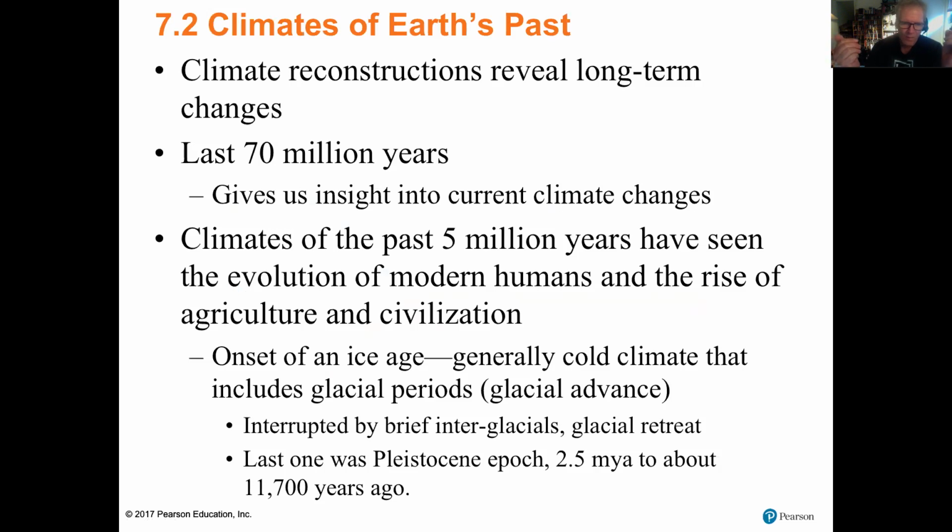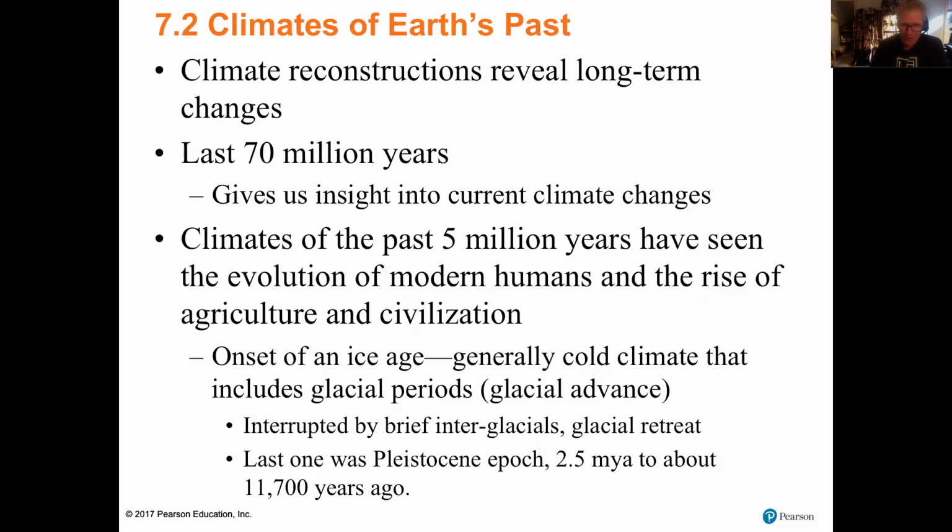Okay, so over that period of time, in the recent time of humans on the earth, we've had an ice age where we had cold climates that include glacial periods. Then we have these glacial retreats, and the last one of these was about 2.5 million years ago, the Pleistocene epoch, where we had glacial activity about 2.5 million years ago, and that lasted, in geologic time very recently, to about 12,000 years ago.